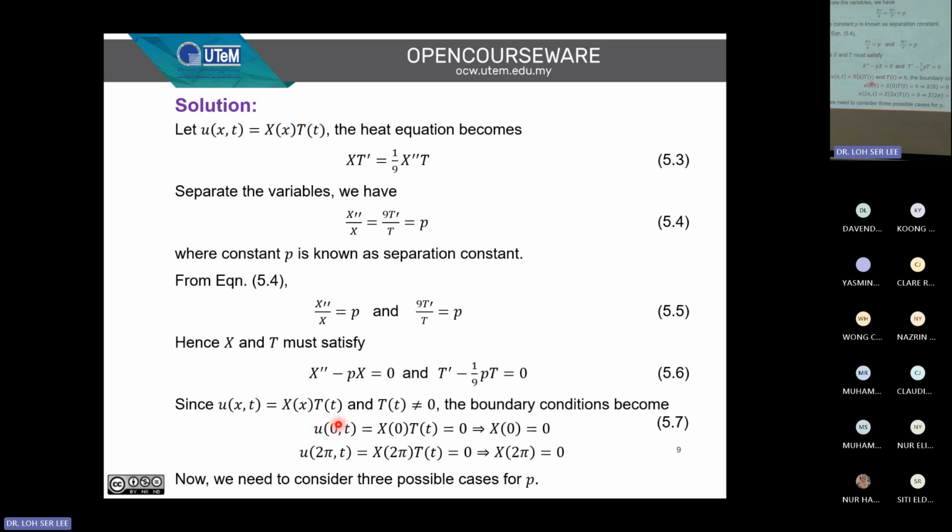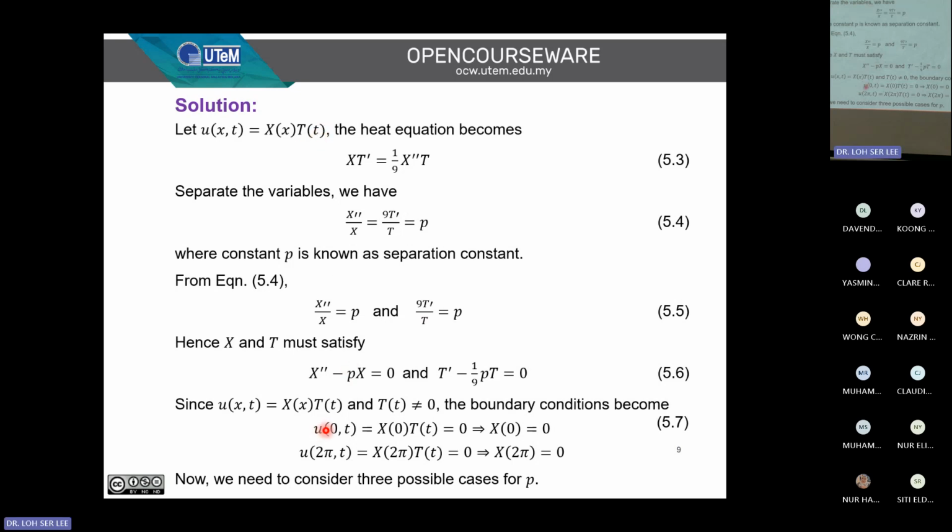So your U(0,t), that means x is 0 and t is still t, so you have X(0)T(t). Can you see that? This is the given boundary condition. This is also a given boundary condition, which we write in this form.